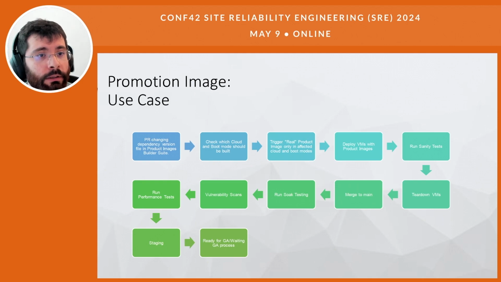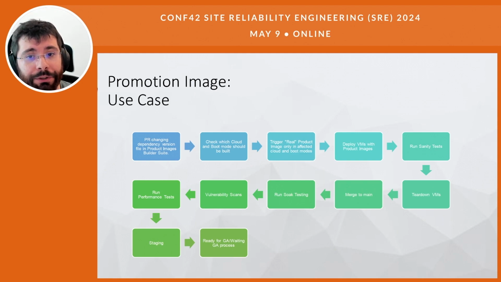So based on the permutation of the change that you made, the pipeline will run a script that will identify which pipeline should execute. It should execute all pipelines for all clouds, or only for one specific boot mode and one specific cloud, or a subset of clouds, and so on.